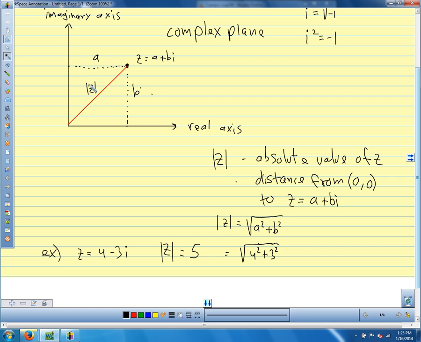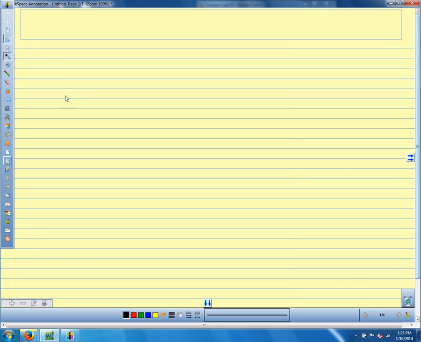So let's redraw this drawing, and now I'm going to include an angle here. So here's our imaginary axis and the real axis.